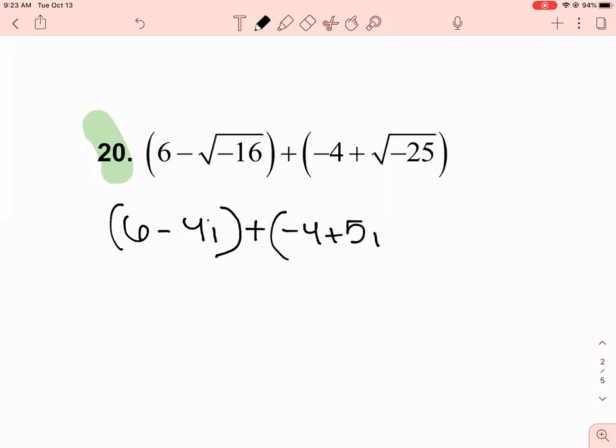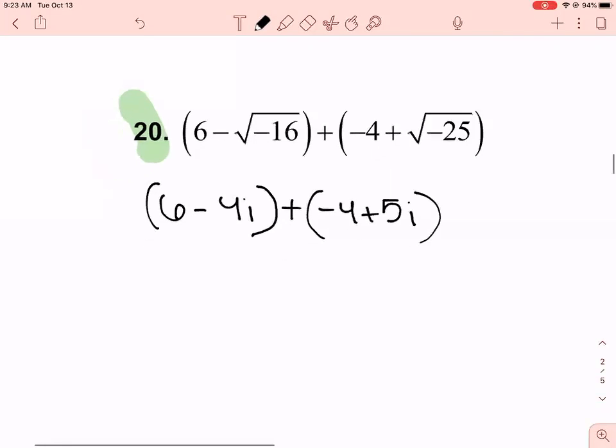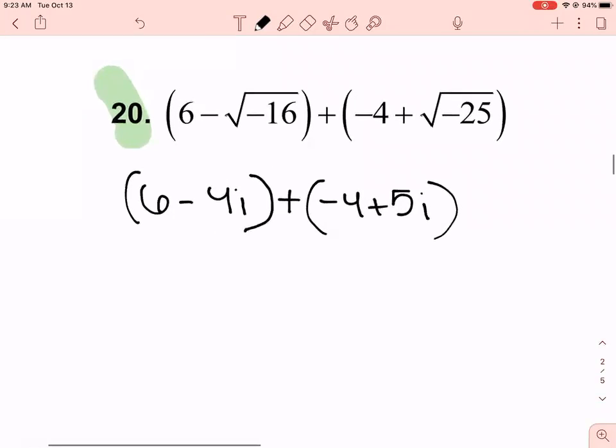The square root of 25 is 5, but because it's a negative 25, she had to bring down an i. Now you see the sign between those? Are we going to do 6 times negative 4, 6 times 5i, negative 4 times all that? No, you're just going to combine like terms. Circle your plus sign. Because there's a plus sign in the middle, you just combine your like terms.